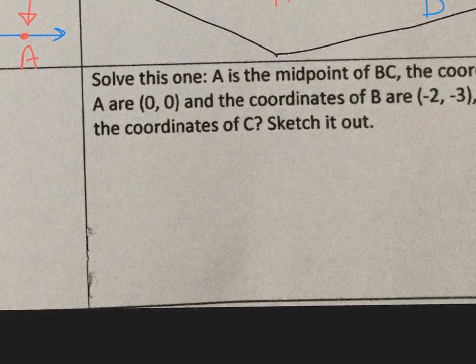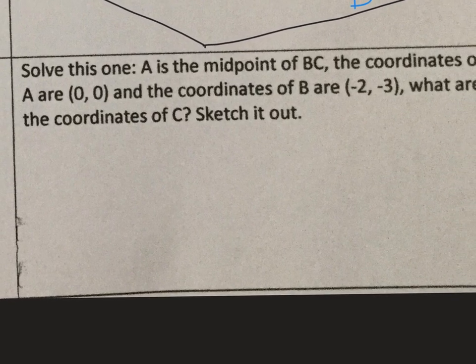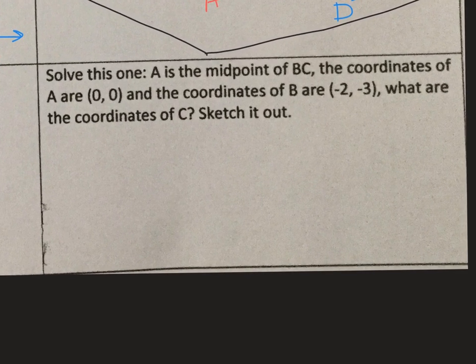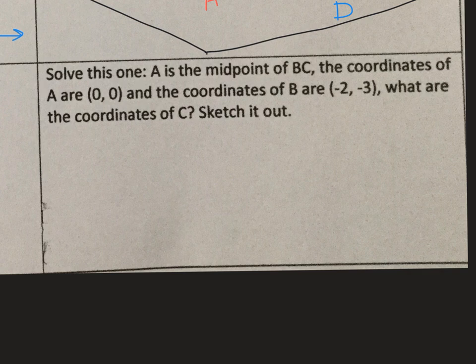And then lastly, we have this one that says solve. A is the midpoint of BC, of line or segment BC. So let's draw that here. A is the midpoint of BC. A is at 0, 0. So let's put some coordinates on here. So here's point A at 0, 0, and the coordinates of B are at -2, -3.